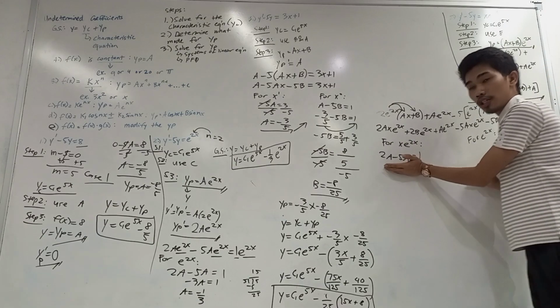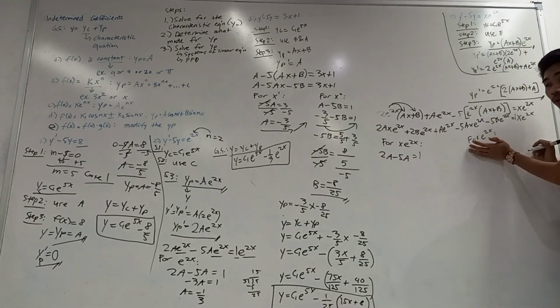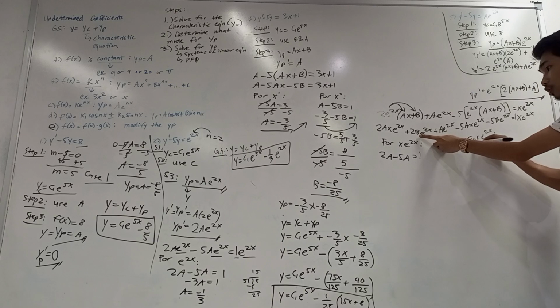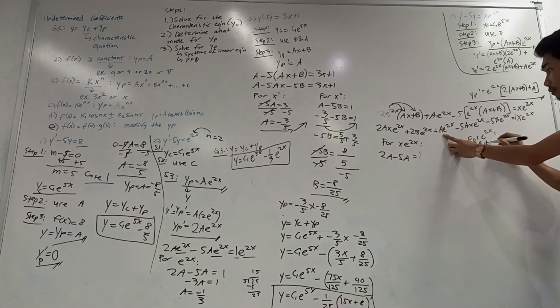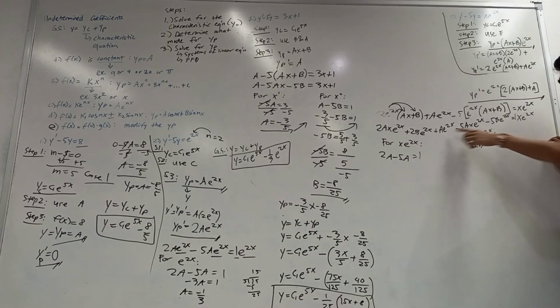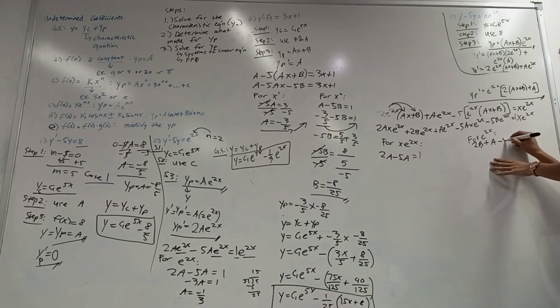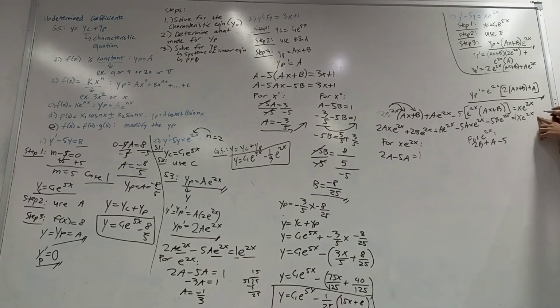So first equation, pagdating sa e raised to 2x, meron tayong 2b, ano pa, meron tayong a. And then meron tayong negative 5b. And then wala man tayong 1 dito. Wala tayong e raised to 2x. Para equivalent man siya nung e raised to 2x times 0. So meaning equals to 0.